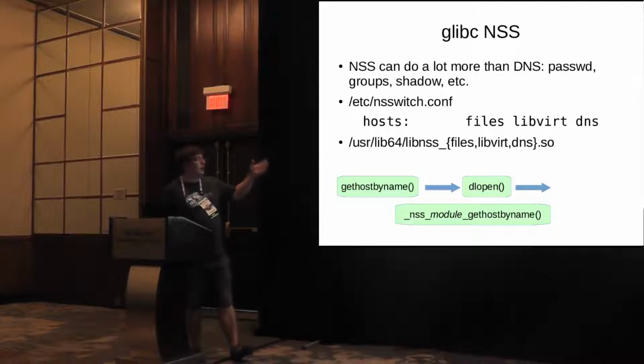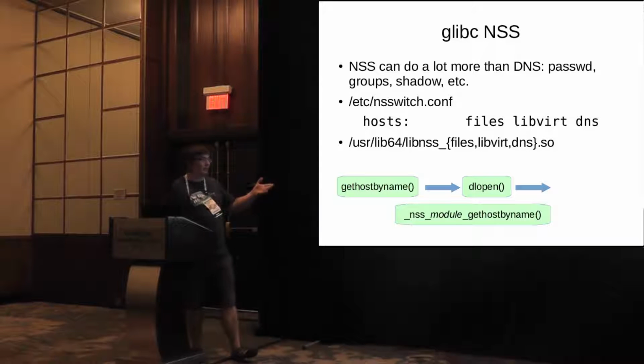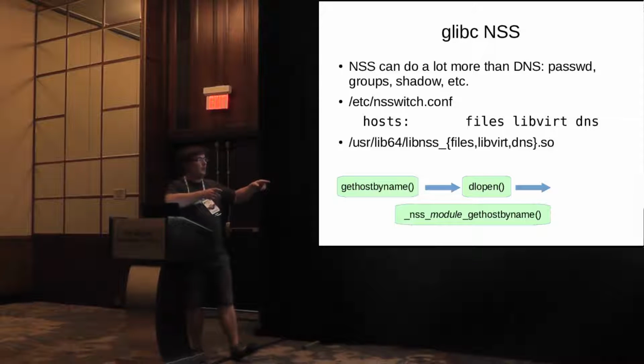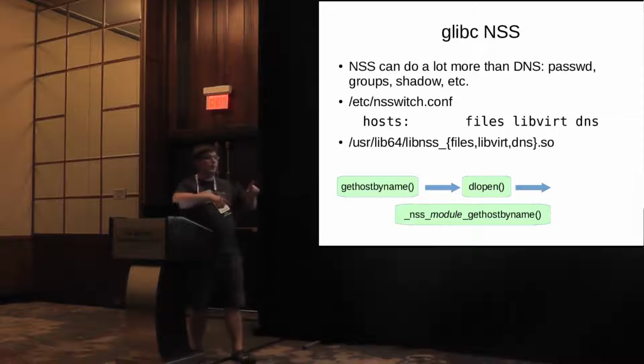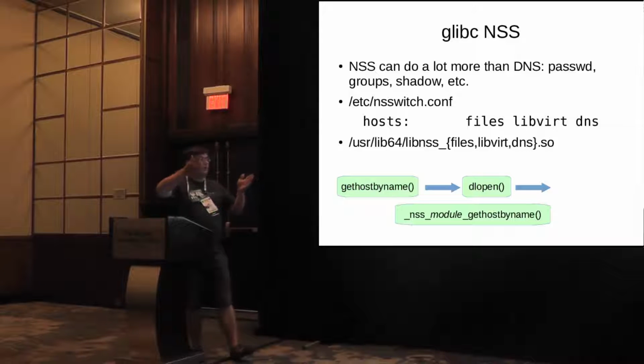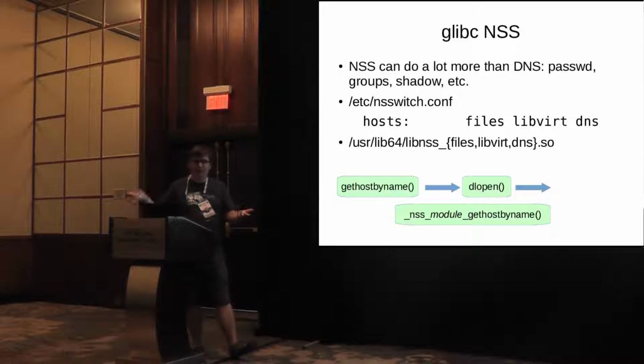So the plugins are actually libraries on your system, and it works like this. So for instance, if you call, say, getHostByName function, glibc does the dlopen of the first plugin configured, in this case files, and it calls _nss_files_gethostbyname if present in the shared library.